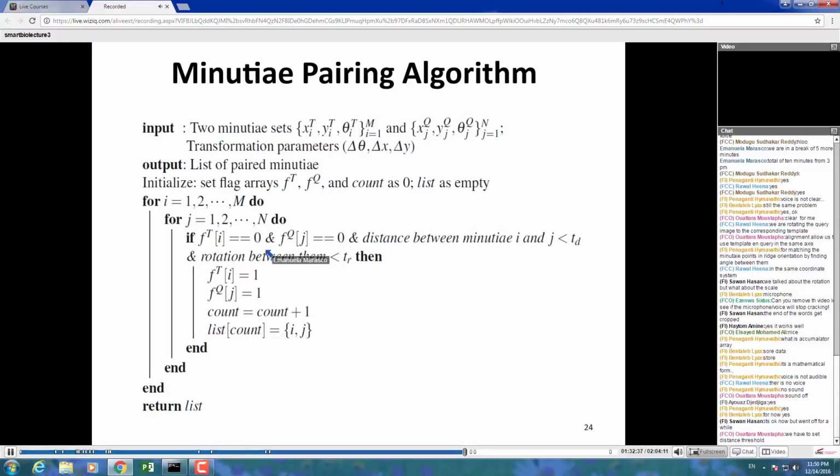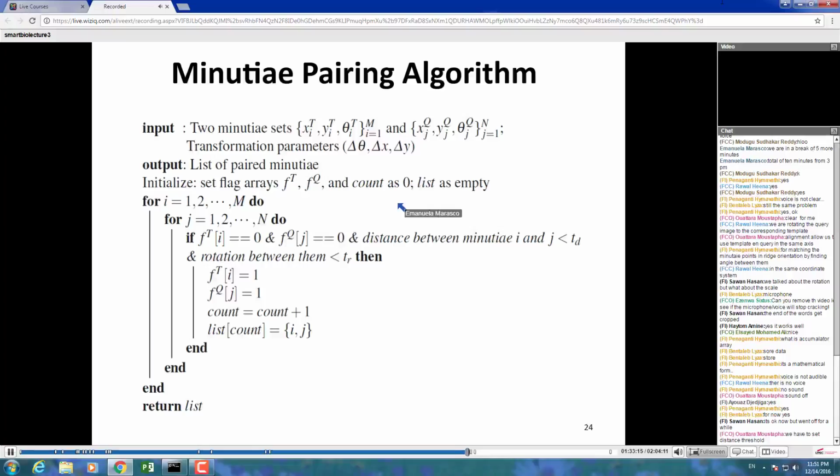So again, let me repeat one more time. Yes, there is a question: do we have to set the distance threshold? Let's consider again, and I will use the whiteboard here. We have the minutia, right? A minutia contains information about the location X and Y, as I told you, and the orientation theta.